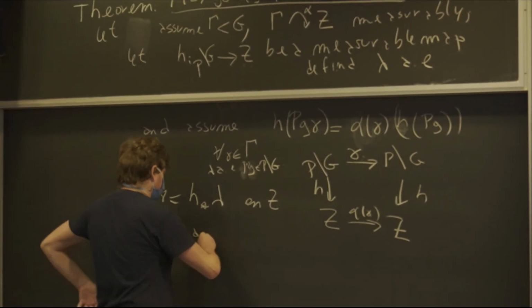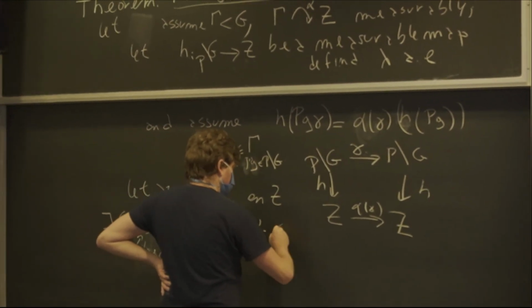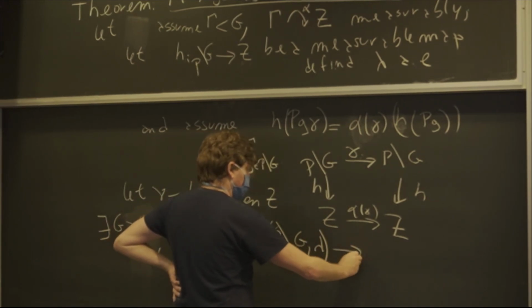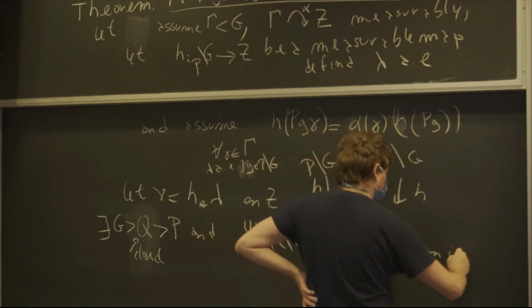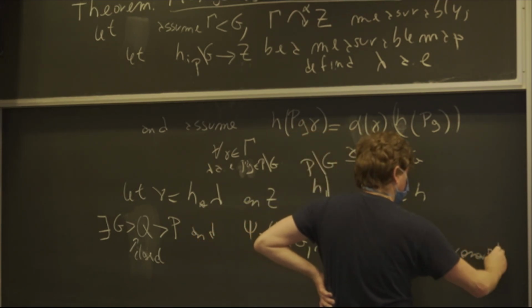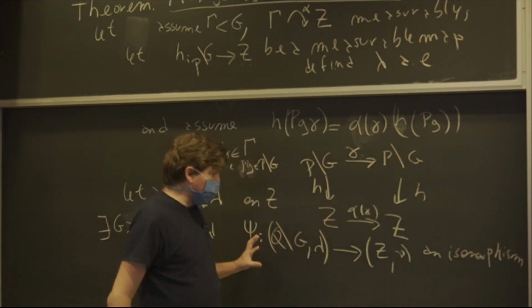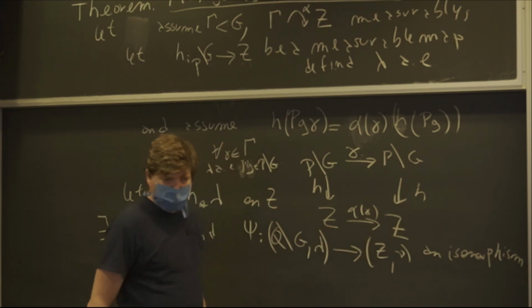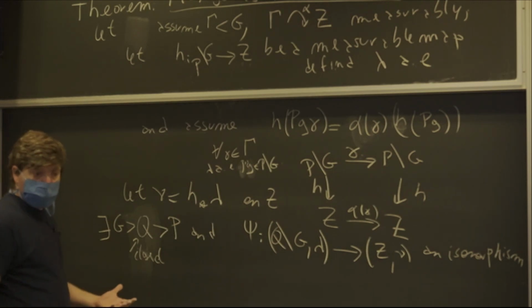And psi from Q mod G with lambda into C with nu, an isomorphism. So this means that it is bijective almost everywhere, brings measure lambda to nu and brings back nu from lambda. So that's an isomorphism, and which is also natural.